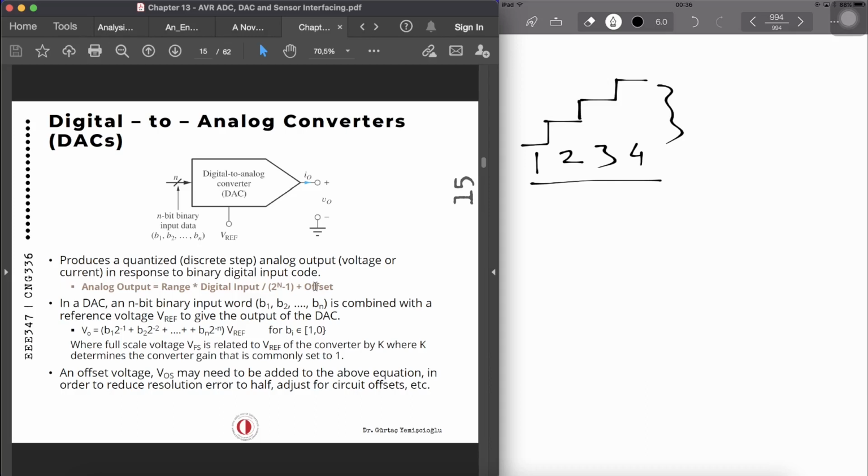So you cannot step up anything less than that. Okay, so that's why we are using offsets over there. So in order to minimize the error, sometimes we put within this offset a resolution divided by 2 offset.